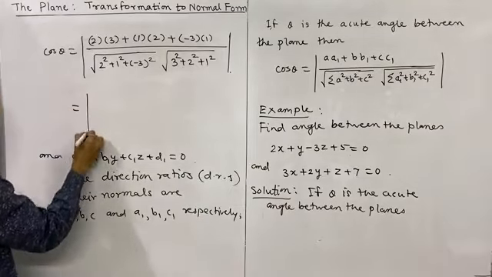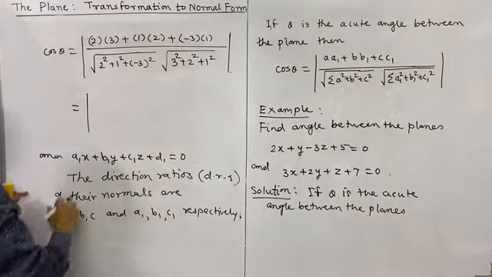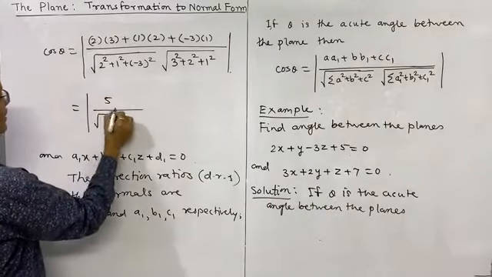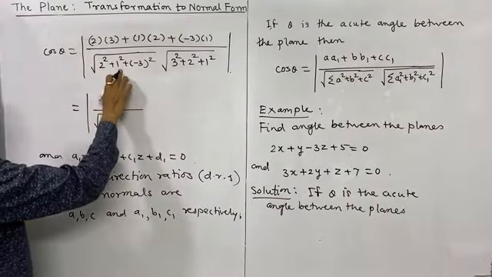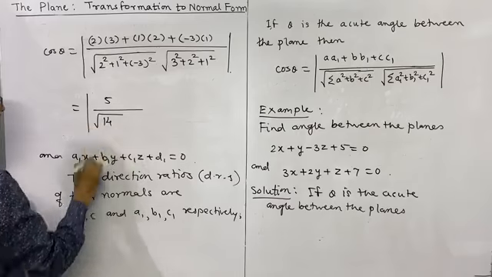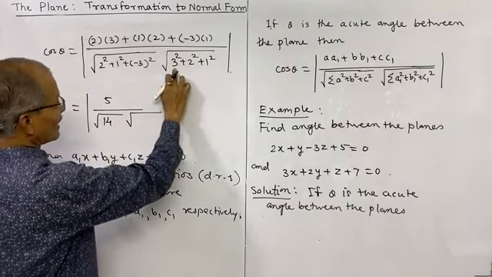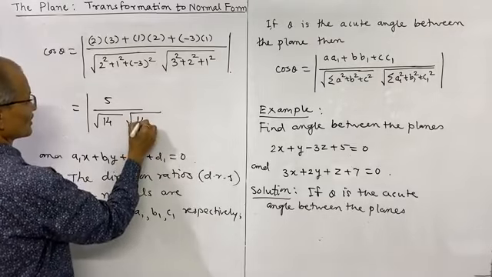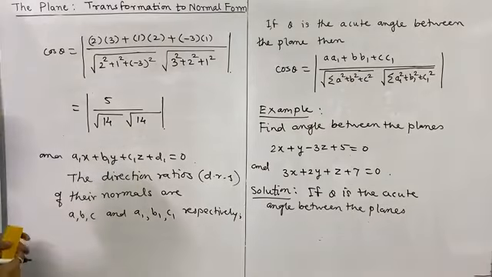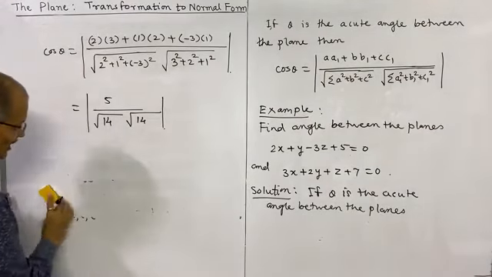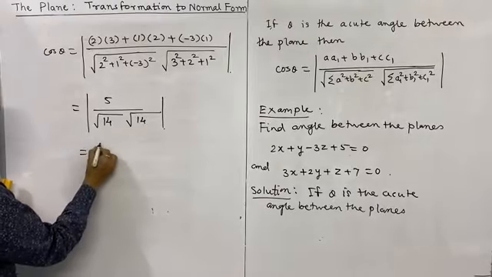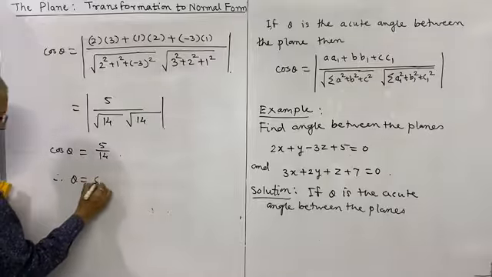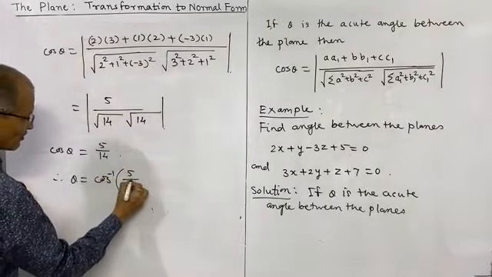That will be absolute value of 6 plus 2, 8, 8 minus 3 is 5, divided by square root of 4 plus 1, 5, 5 plus 9, that is 14, and this value is 9 plus 4, that is 13 plus 1, again it is 14. Let me check it. And that is 5 divided by 14. This is the value of cos theta, and therefore theta is cos inverse of 5 by 14.